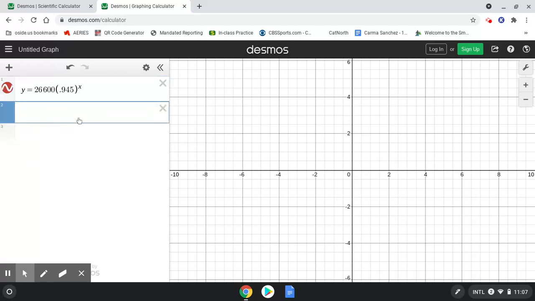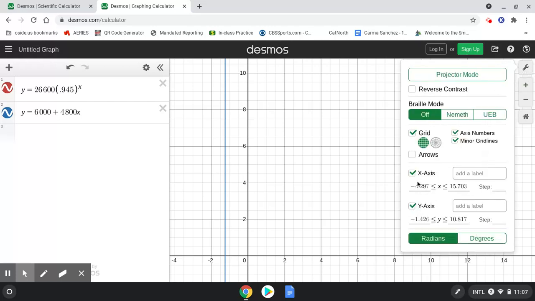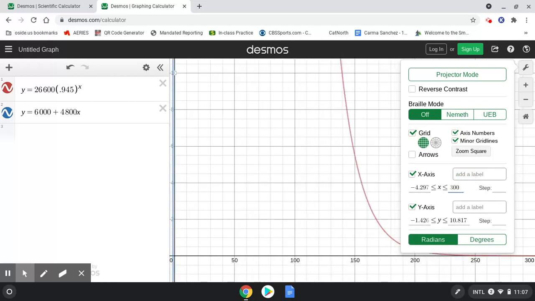And then my second one is y equals 6,000 plus 4,800 per year, or 4,800x. Now, when I look at my window over here, I'm like, what the heck? I can't see anything because we need to get up to 26,000. So clicking on this little wrench over here is going to help me adjust my window, my x and y axis. So I want to make this, I don't know, like 300 on the x-axis.